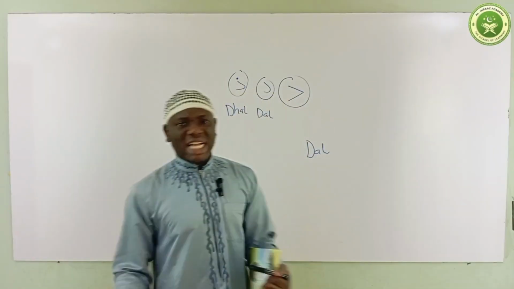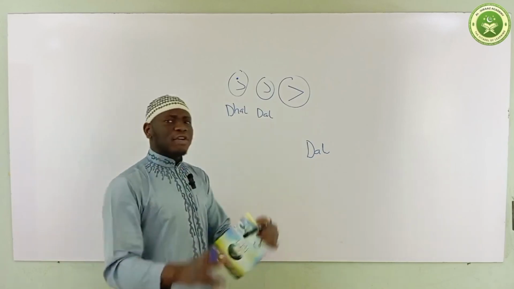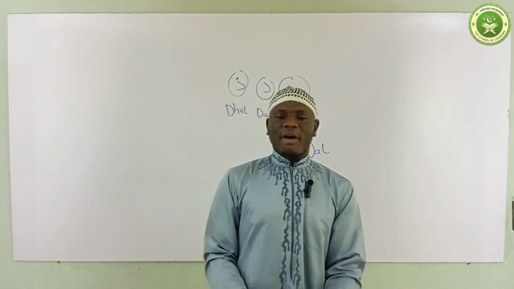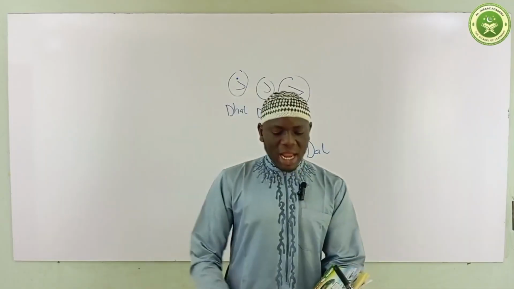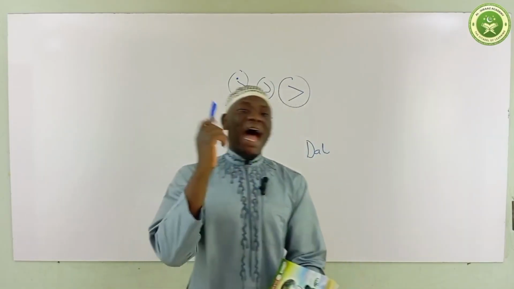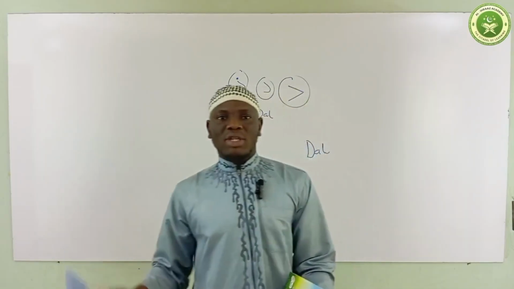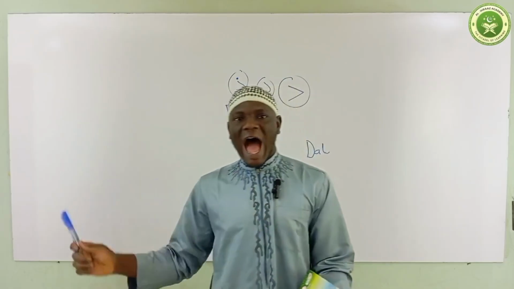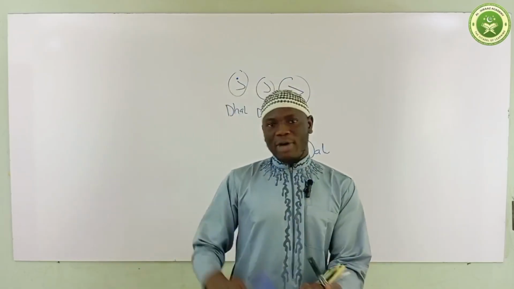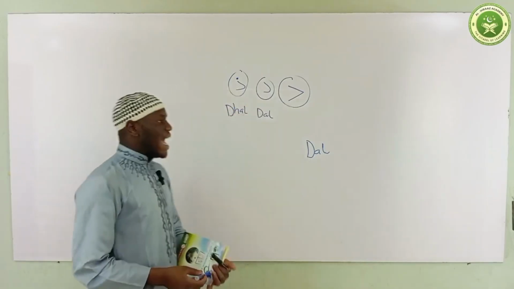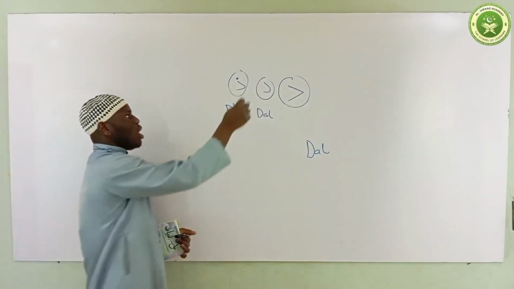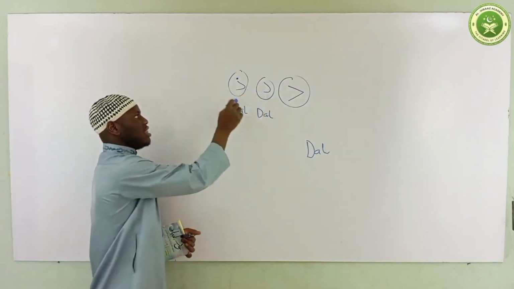In the greater than family we have 2 members, the 2 kids they gave birth to: the Dal and the Dhal. So that is for the greater than family.